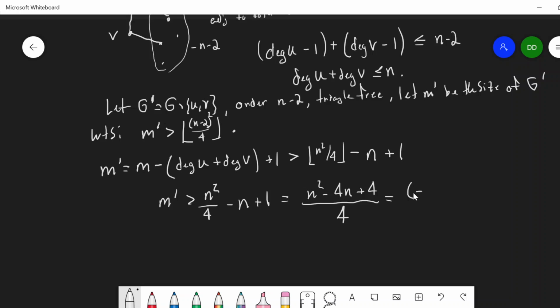This is the same thing as (n minus 2) squared over 4. So I have m prime greater than (n minus 2) squared over 4. Since m prime is an integer, we have that m prime is strictly greater than the floor of (n minus 2) squared over 4.